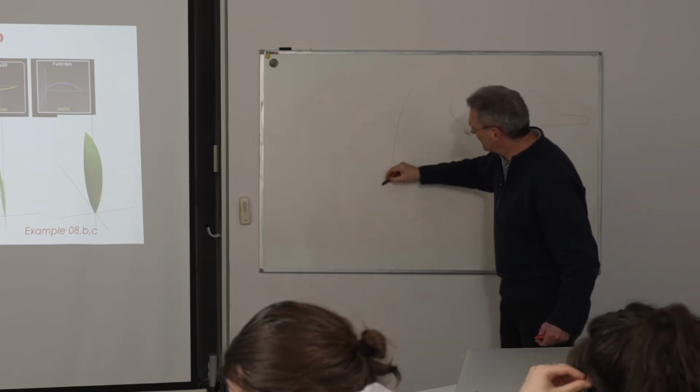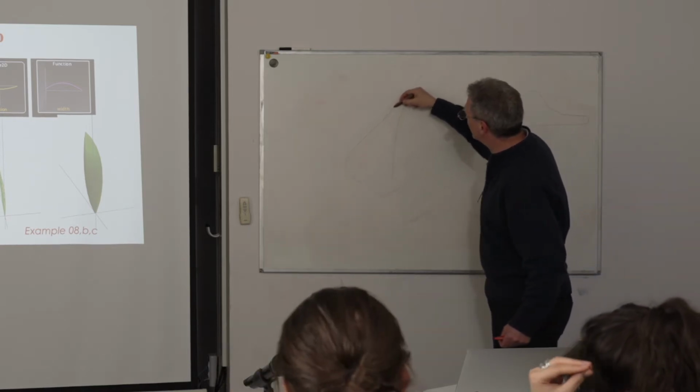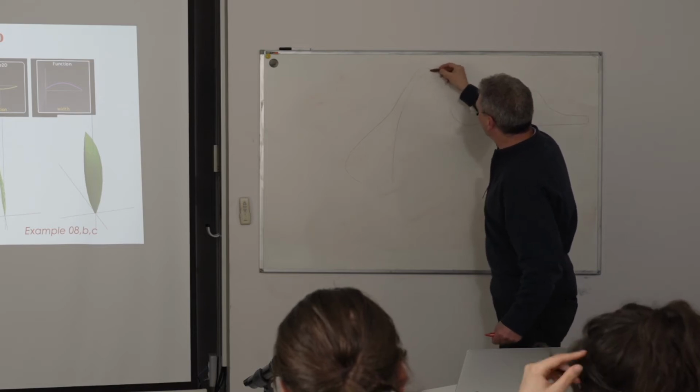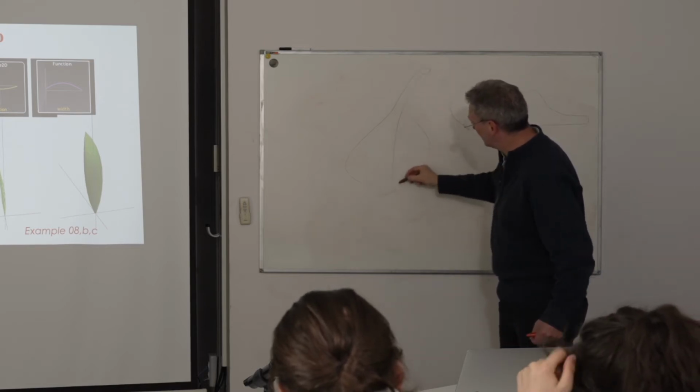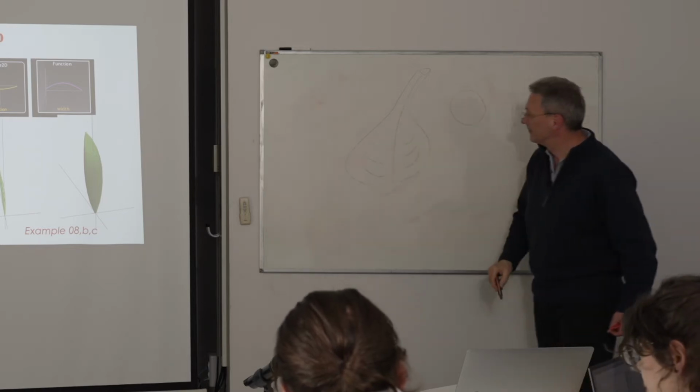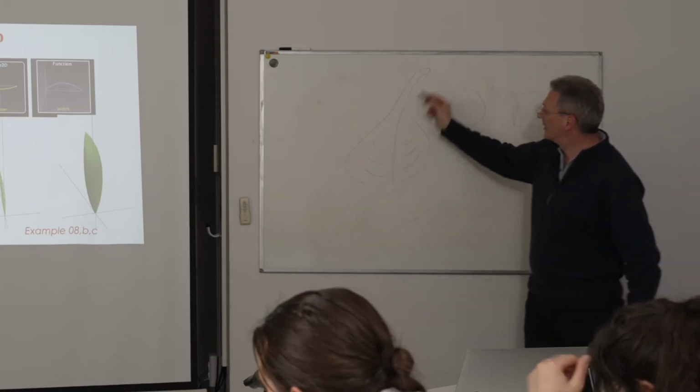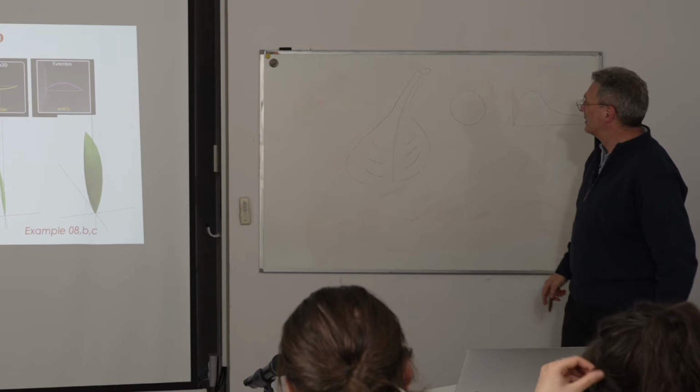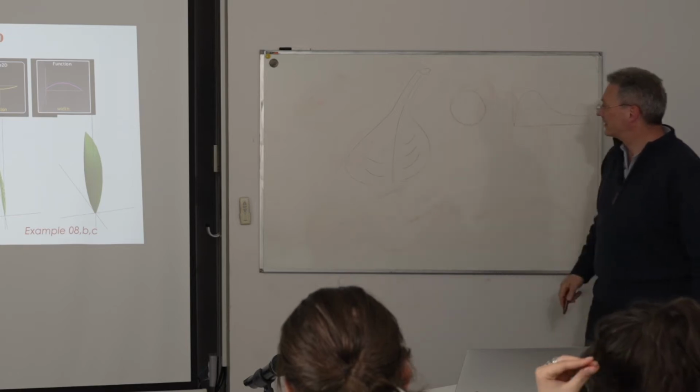And if I do this, I have something that is like this, in 3 dimensions. Well, I don't know why I did it in a twisted way, but it could be.